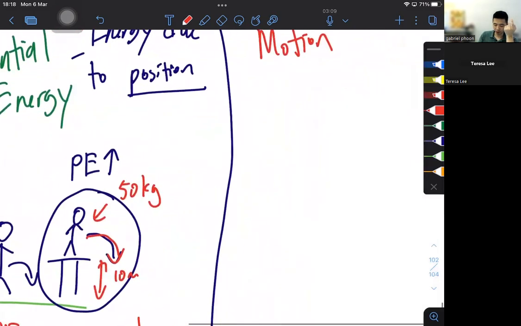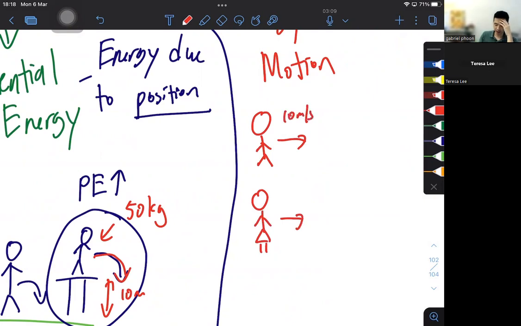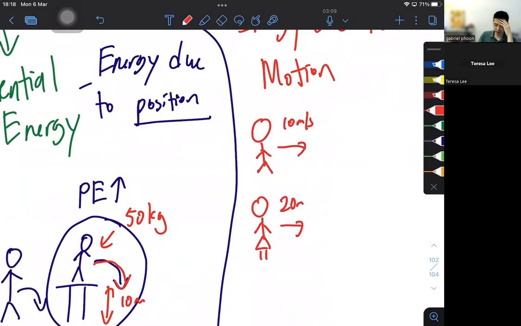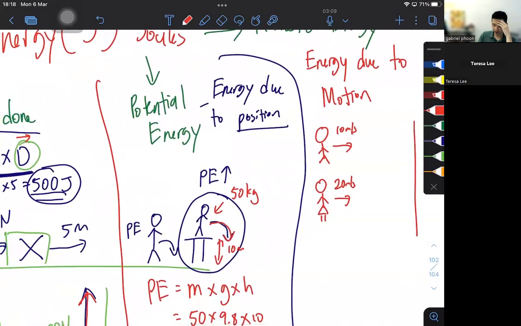Let's say, for example, once again, today, me and you, we're having a race. Let's just say I run at 10 meters per second and you run at 20 meters per second. If both of us were to collide against a very hard brick wall here, who's going to hurt more?